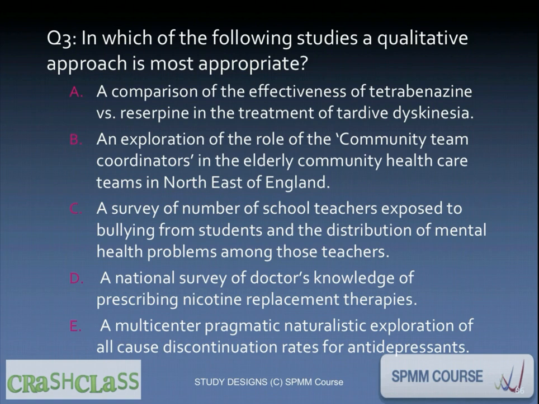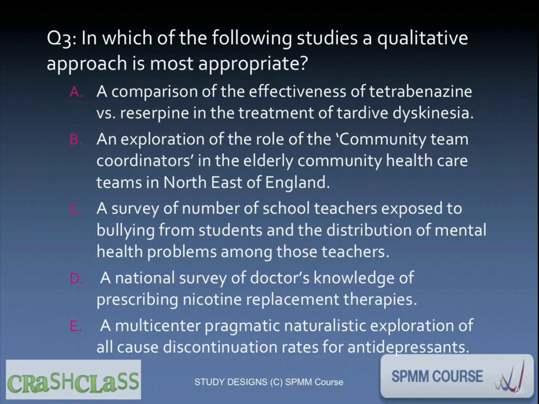In which of the following studies is a qualitative approach most appropriate? A comparison of the effectiveness of tetrabenazine versus reserpine in the treatment of tardive dyskinesia. Would you do a qualitative study for this? Probably not. An exploration of the role of community team coordinators in elderly community health care teams in northeast England. Role is something that is not measurable, so probably for choice B we can do a qualitative study. What about C? The survey of the number of school teachers exposed to bullying.